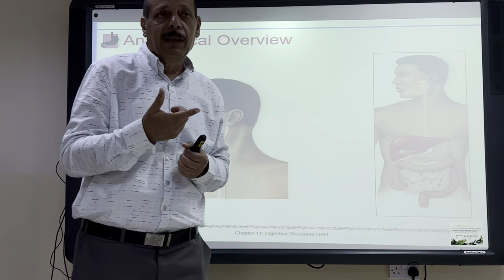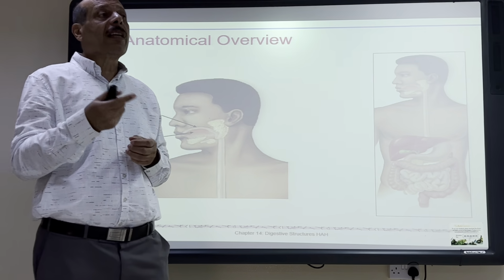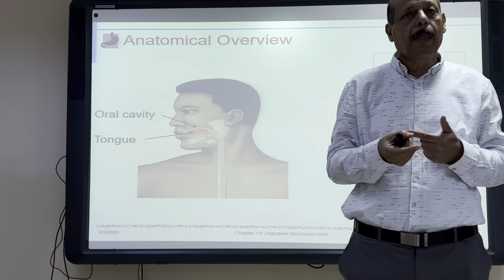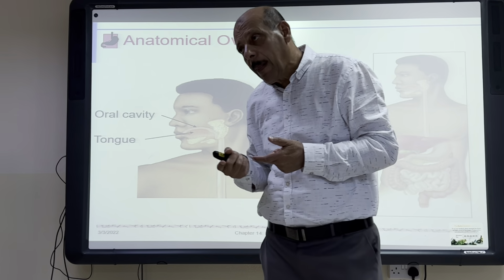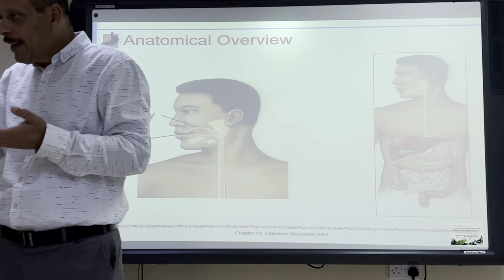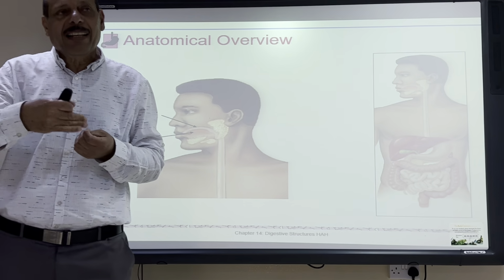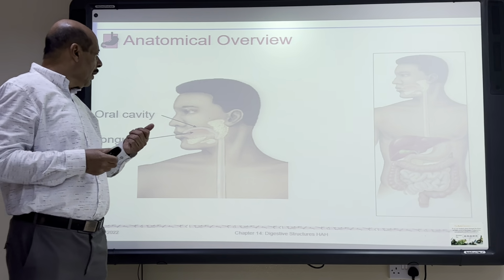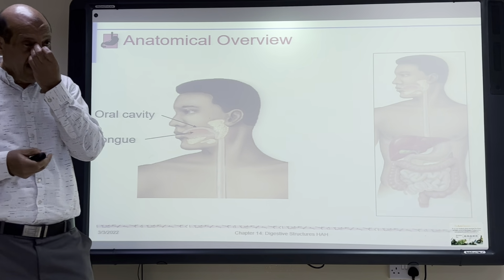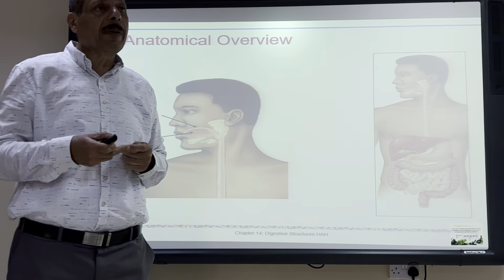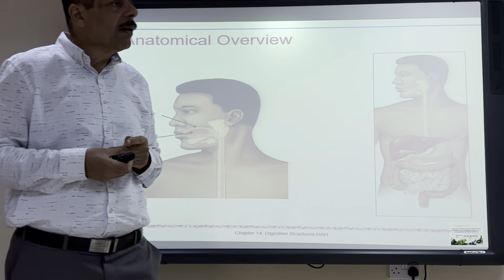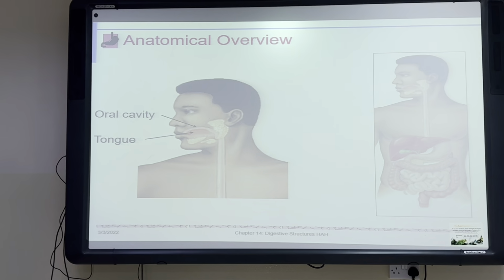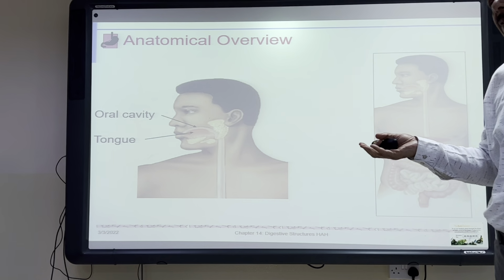Teeth are there. What is the function of the teeth? Breaking down by mechanical cutting of the food. What other thing do we have in our mouth that will help in digestion? The salivary gland. What is the function of the saliva?